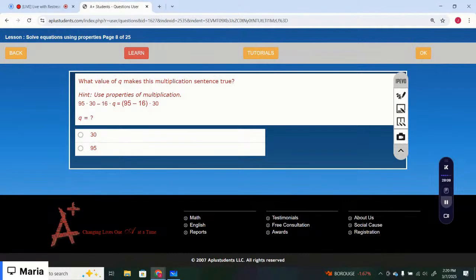What value of q makes the multiplication sentence true? 95 times 30 minus 60 times q, so which is the correct option?